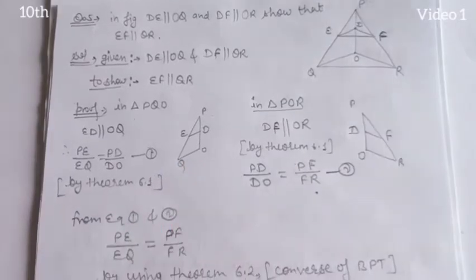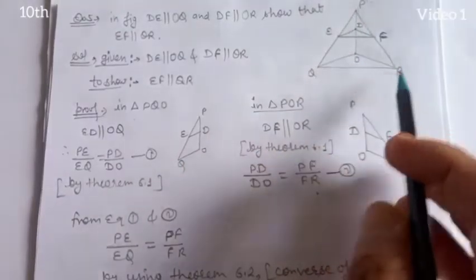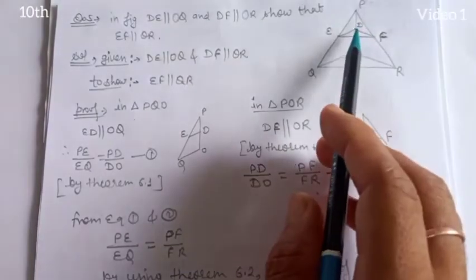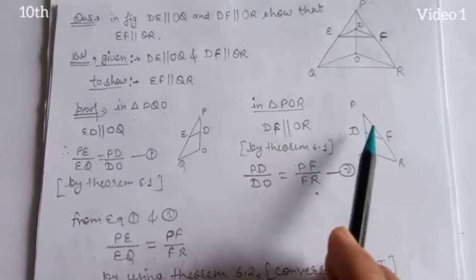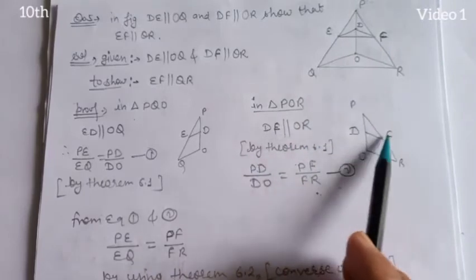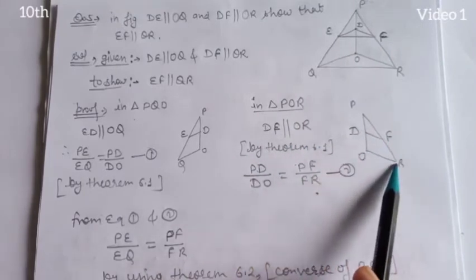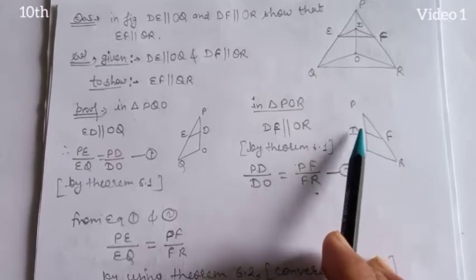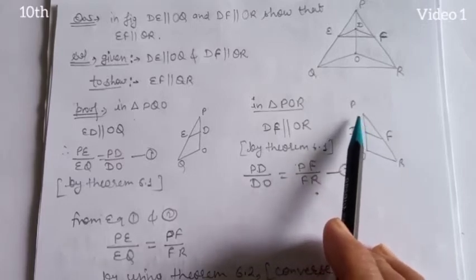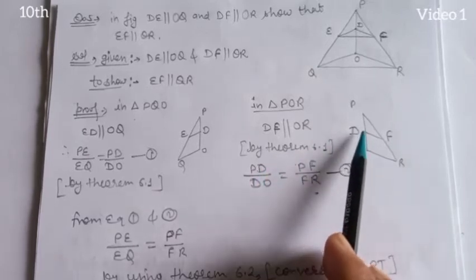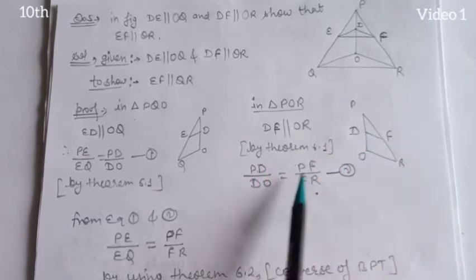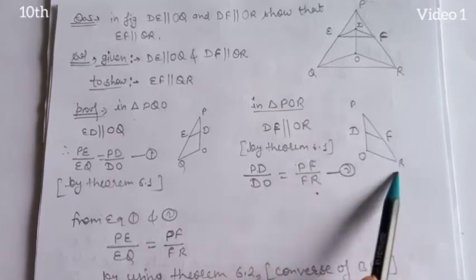Okay students, in a similar way triangle POR. Here it is given DF is parallel to OR. So you know that if this side is parallel to this, the ratio is equal. So we can write, by using theorem 6.1, PD upon DO is equal to PF upon FR.